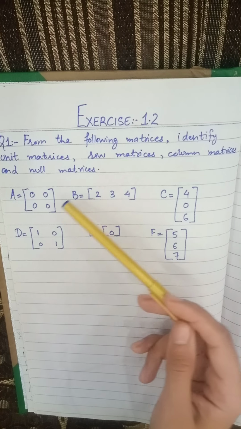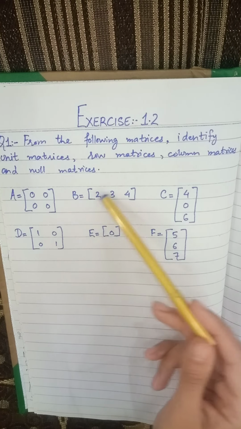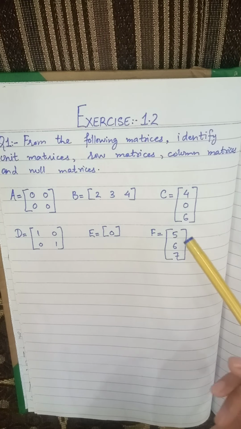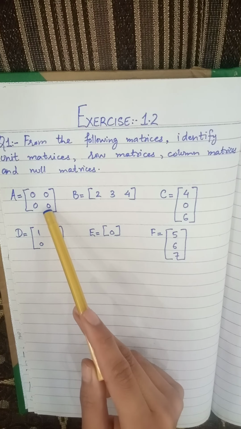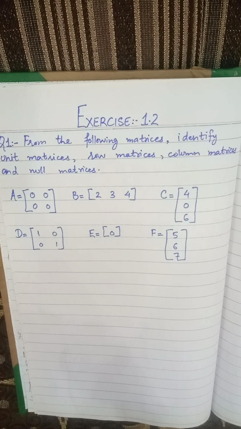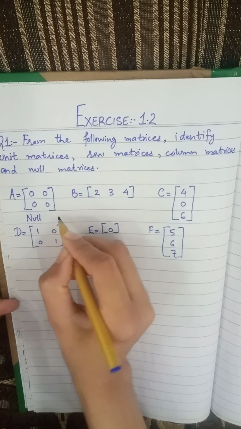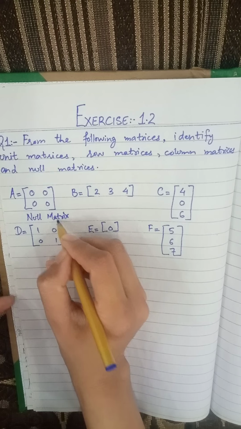Okay, so let's go to the categories and point out the different types of matrices. The first one is A equals 0 0 0 0. All of the entries are 0, so it's a null matrix.